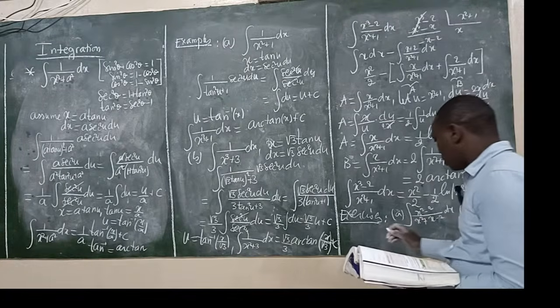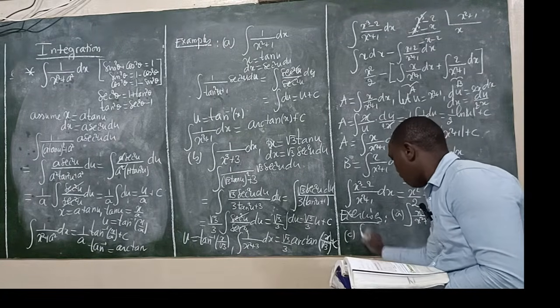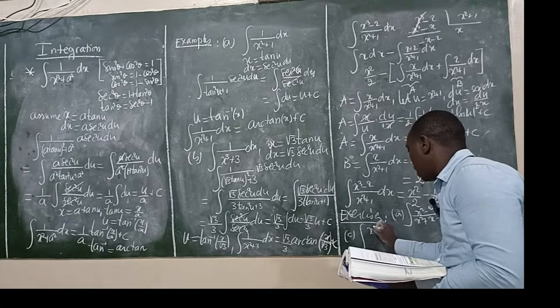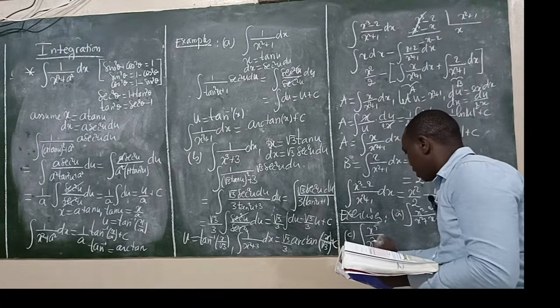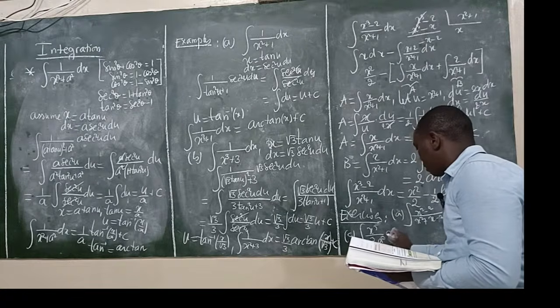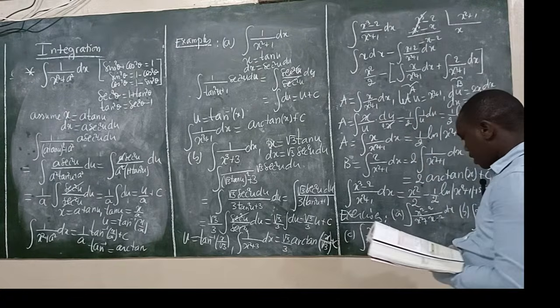The next one is C, the integral of x to the power 5 divided by x to the power 3 minus a to the power 3 dx.